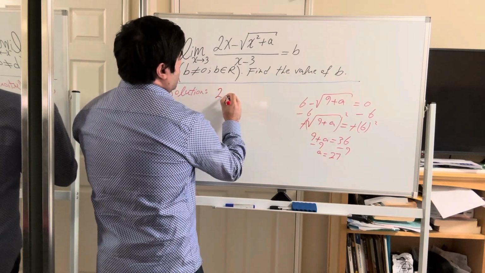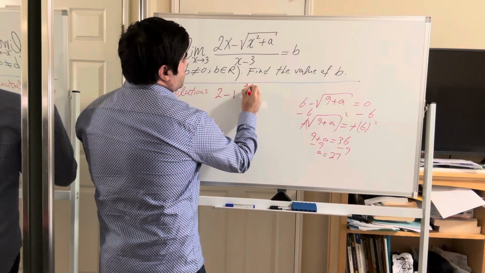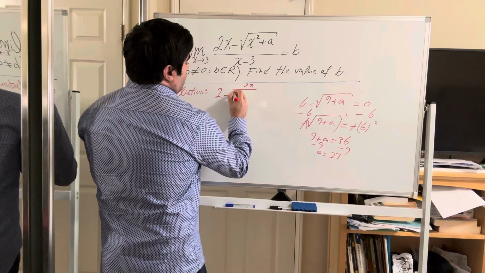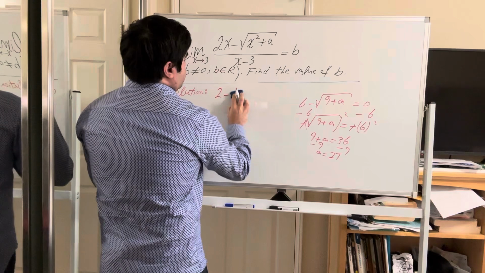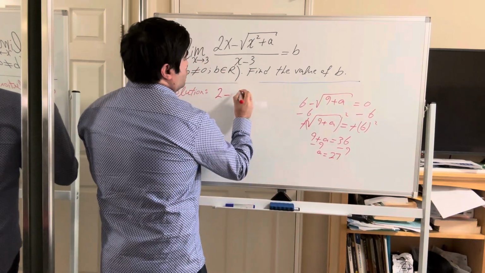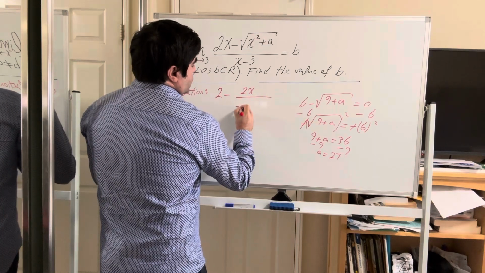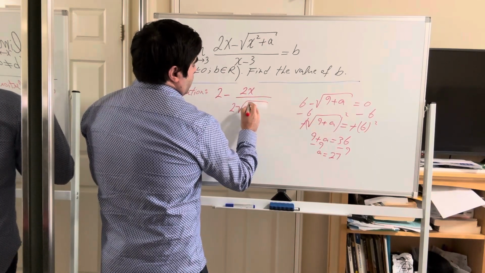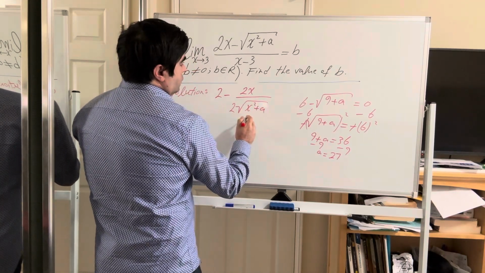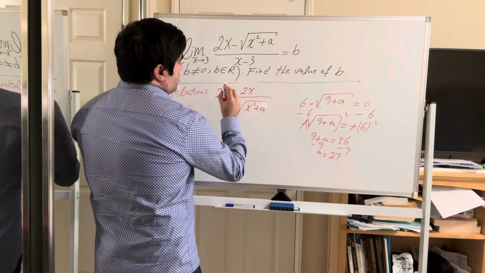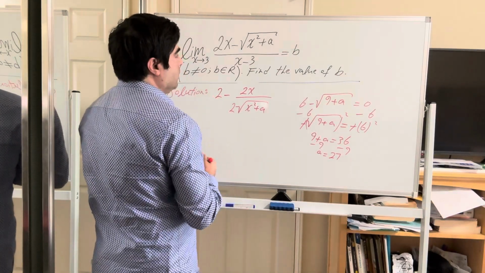So it's going to be 2 minus 2x over the square root of x squared plus a. We have 2 outside of the square root, and the derivative of the denominator is going to be 1, right? The derivative of x minus 3 is 1.